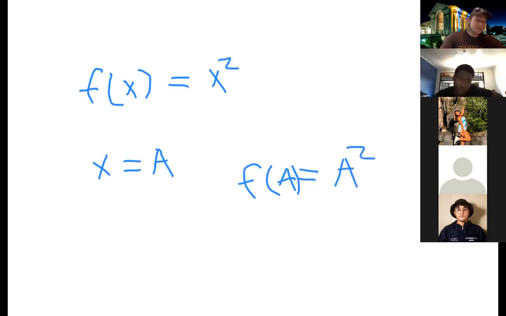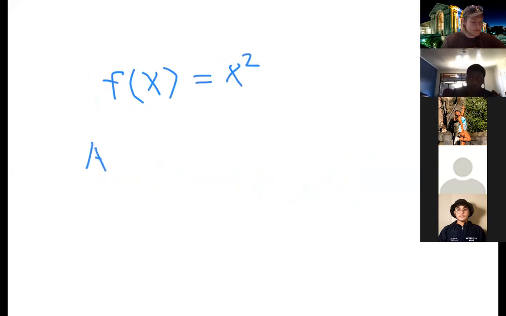Now let's think of it this way. Let me erase this. We have f of x is equal to x squared. Let's plug in a plus h, the letter h, by the way.